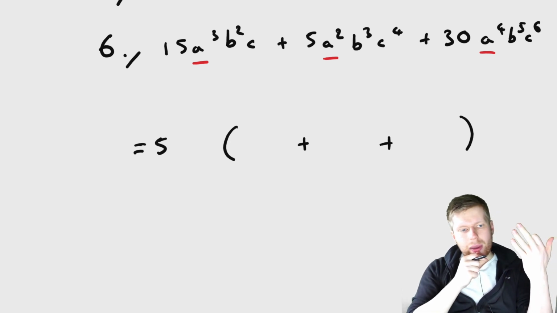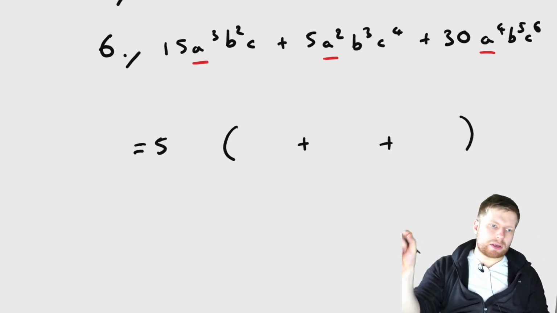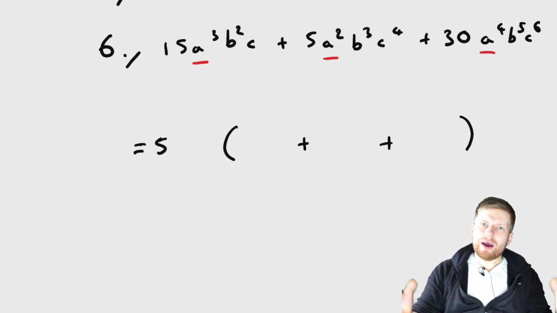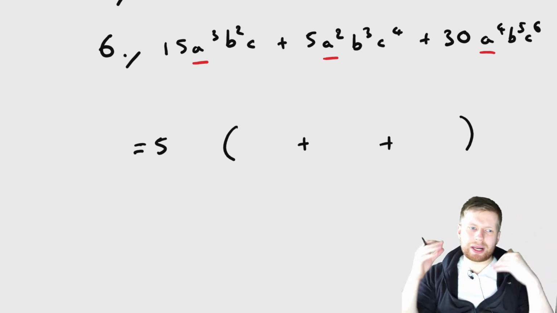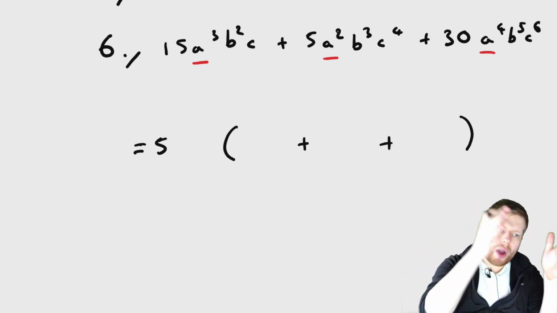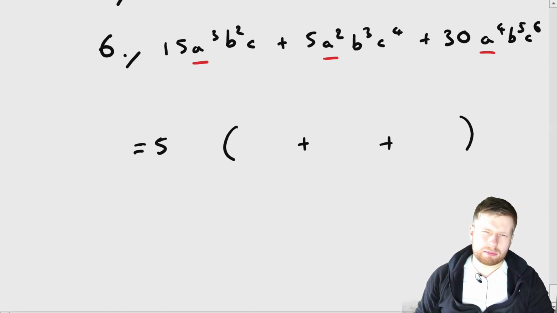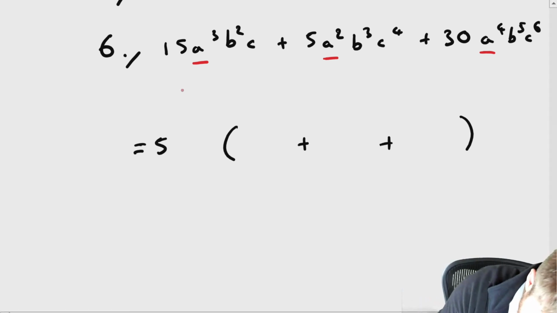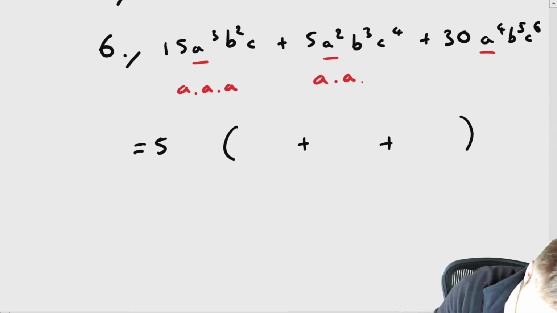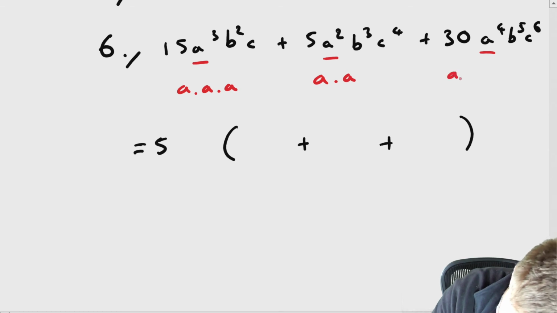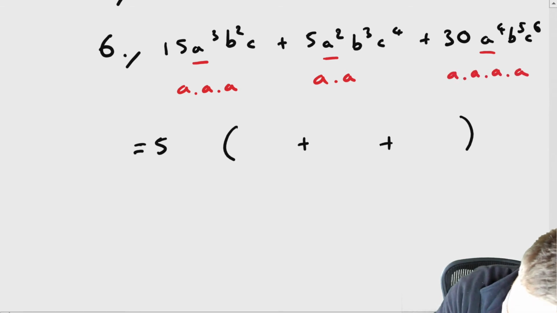Okay? So how many A's can I pull out of every single thing? Are you happy I can pull 2? I can pull 2 out of every single thing, so I can pull an A squared out. Because there's 2 A's being multiplied together in every single one of these 3 things. Does that make sense? If I write this out, so A cubed means A times A times A, A squared means A times A, and A to the power 4 means A times A times A times A. Okay?